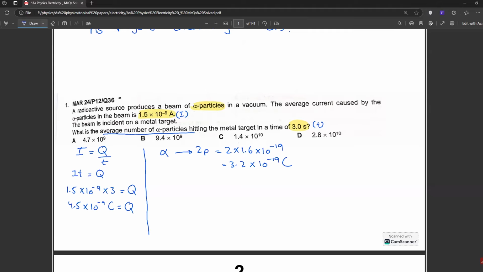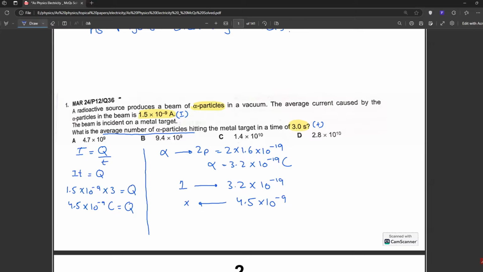So if each alpha particle has a charge of this, how many alpha particles will have a charge of 4.5 into 10 raised to the power of minus 9? One alpha particle has a charge of 3.2 into 10 raised to the power of minus 19. How many alpha particles will be required to generate a charge of 4.5 into 10 raised to the power of minus 9?